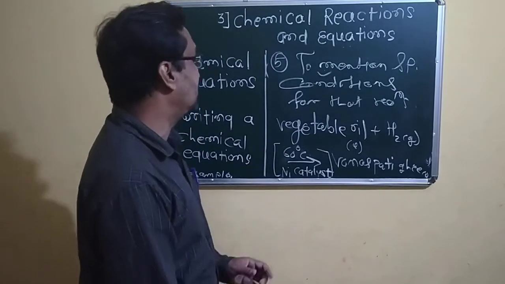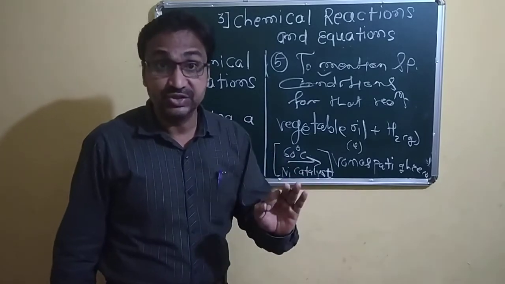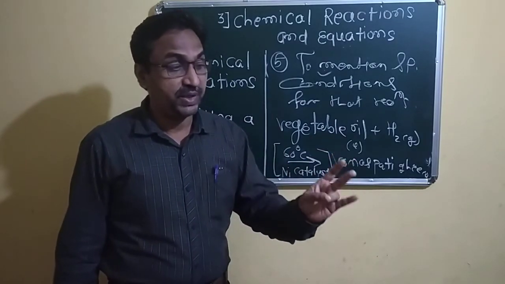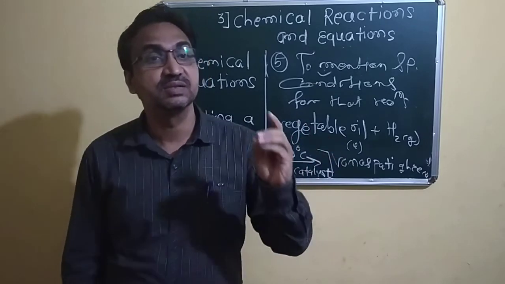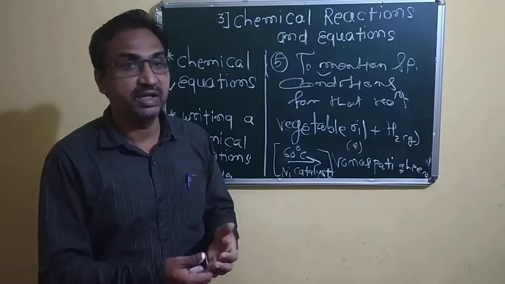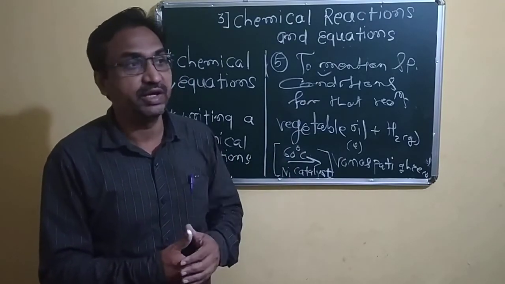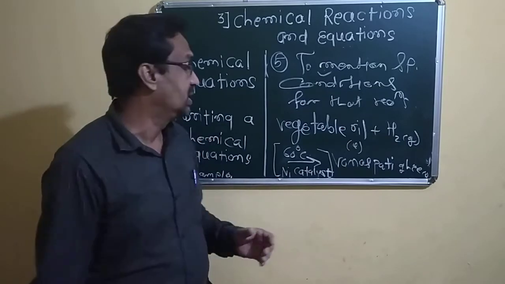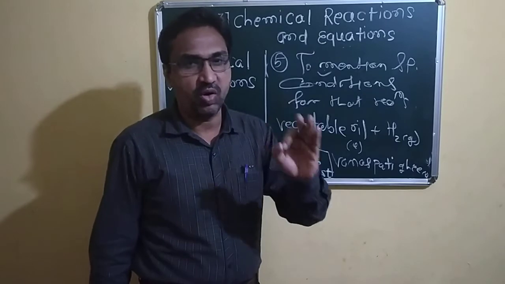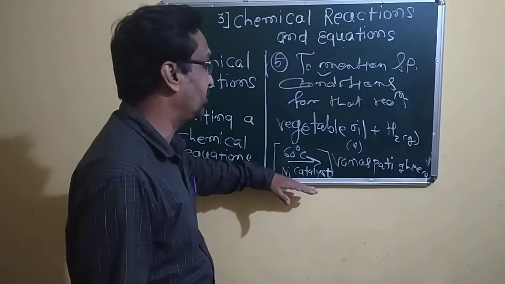The specific conditions are temperature, pressure, and catalyst. These are the certain conditions which can increase the rate of reaction, and these things are required for that particular reaction. Those are the specific conditions we have to write down.